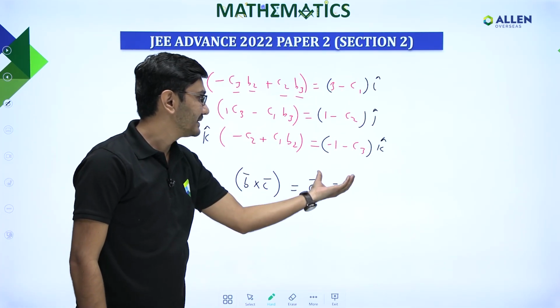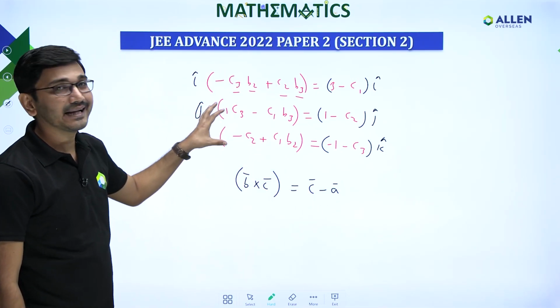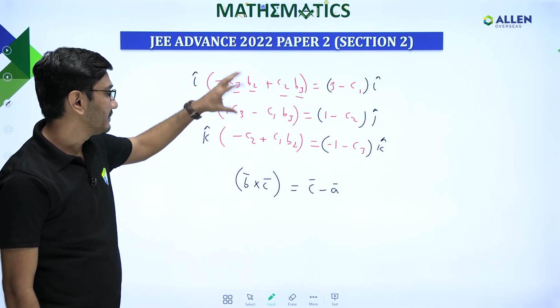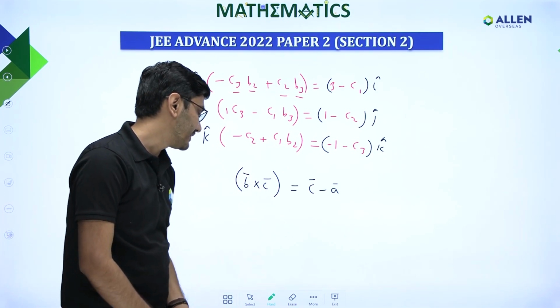But this is not actually equal to b bar cross c bar, you will get here c bar cross b bar. So, I have multiplied by minus and I can prove that I will get this equation.